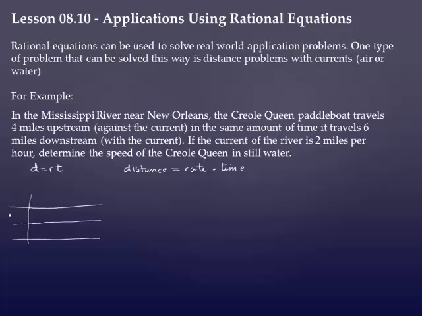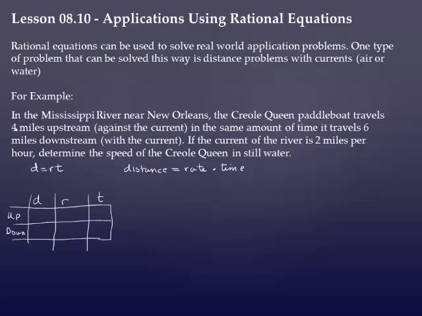So we have upstream and downstream. We have the distance, we have the rate, and we have the time.